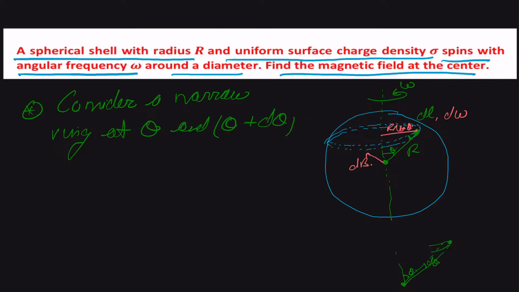So consider a ring at theta and theta plus d theta, centered at angle theta.